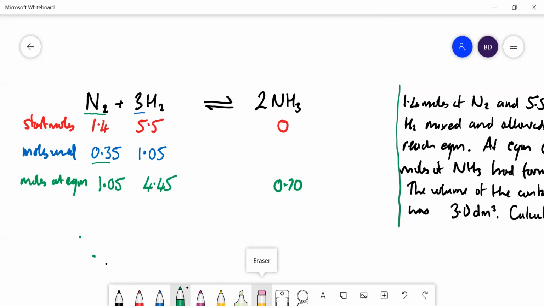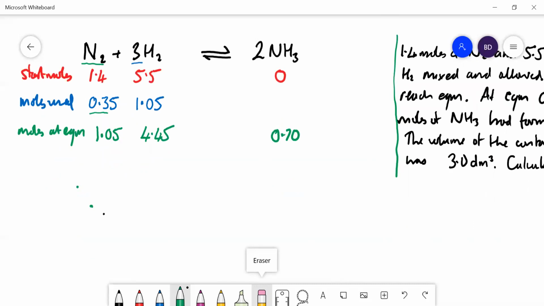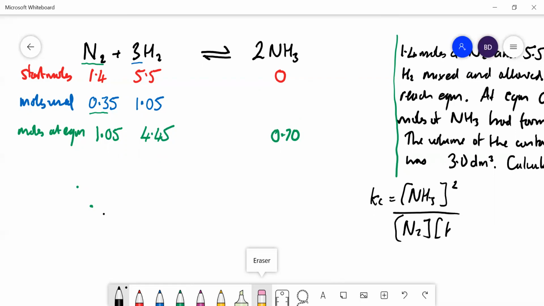But that's not where it ends, is it? Because we've got our equation, and it's the concentrations that go into the equation. So the equation is going to be the concentration of NH3 squared over N2 to the power of 1, H2 to the power of 3.